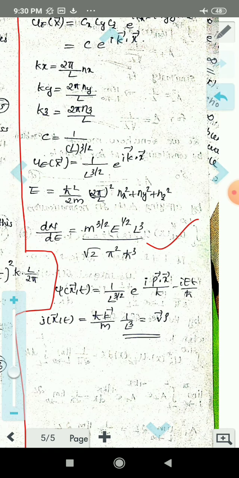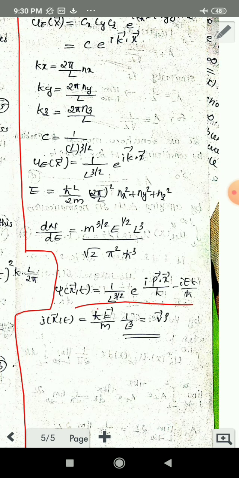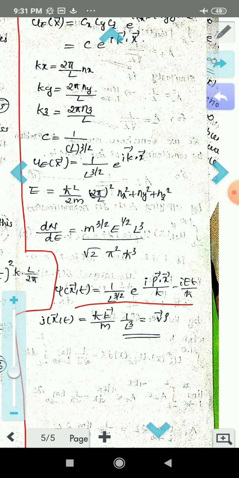And the density will become dN by dE is equal to m raised to 3 by 2 E raised to 1 by 2 and L cube, divided by root 2 into π² ħ³. So our wave function will become 1 by L raised to 3 by 2 into e raised to i vector p dot vector x divided by ħ minus i E t by ħ. And the j of x comma t, that is our flux, is equal to ħk divided by m into 1 by L cube, which is equal to vector v into rho.